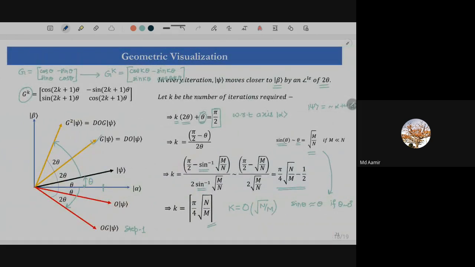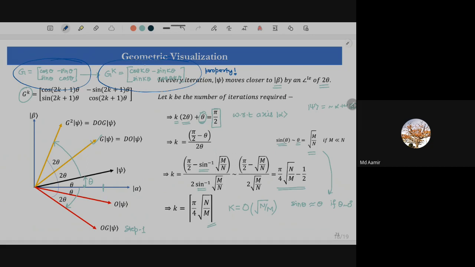If we perform g, which is this rotation, for let's say k times, we'll get this form. This is the property of a rotation operator, and this can be easily seen. It's not very hard to understand this part. It's quite understandable.